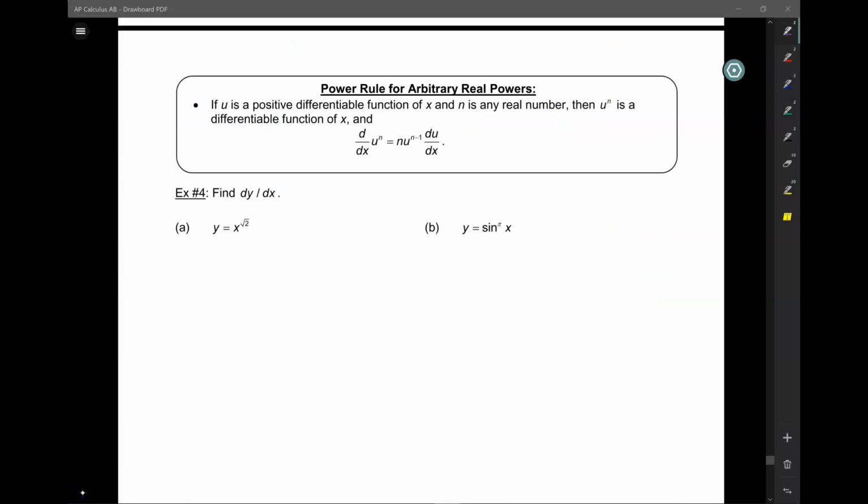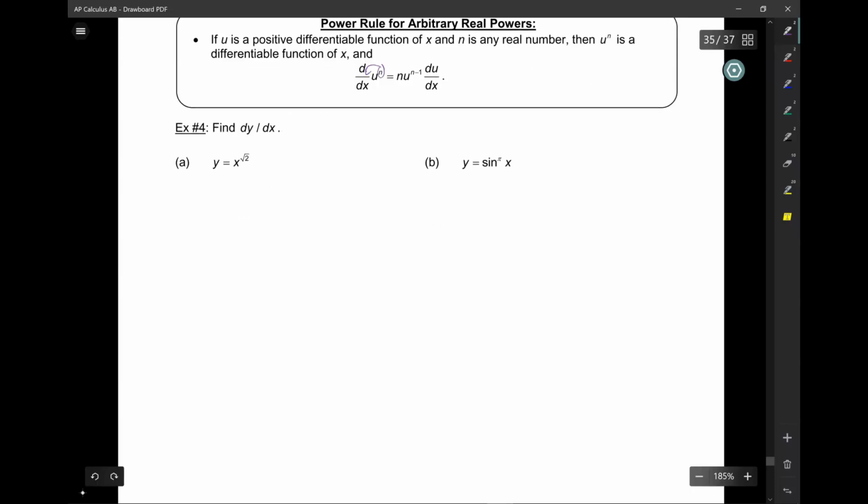Now, if you have an arbitrary real power, right? So again, anytime you have u to the n and you want to take a derivative, the exponent will drop and then you subtract the exponent by 1 times the derivative of the inside, du dx.